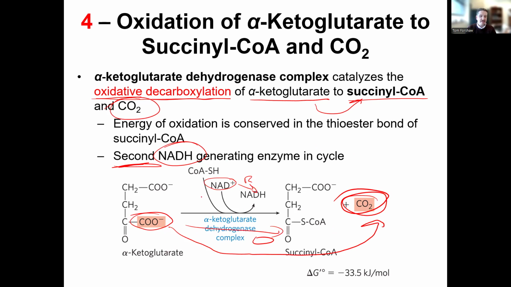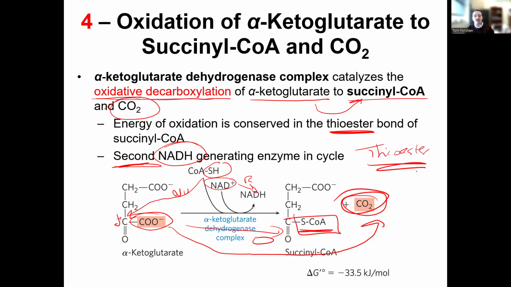During the reaction, the thiol of coenzyme A comes in as a cofactor and attacks this carbonyl carbon, acting as a nucleophile, attacking the delta positive carbonyl carbon to generate the succinyl CoA, which is a thioester. Oh, there it is, thioester. I was going to write it out.